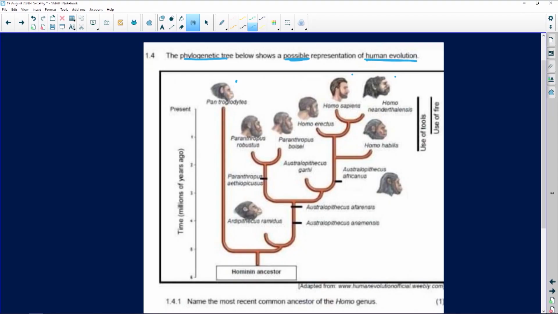Now, something else. Looking at this phylogenetic tree here, the first mistake I can pick up is that Australopithecus africanus was actually around from about 3.4 MYA to 2 MYA, and it doesn't look like that here.